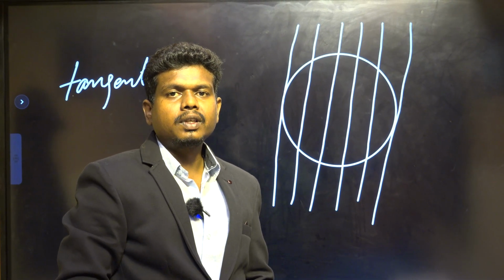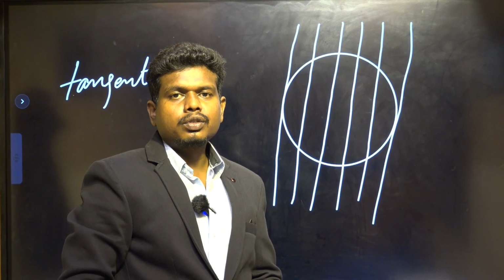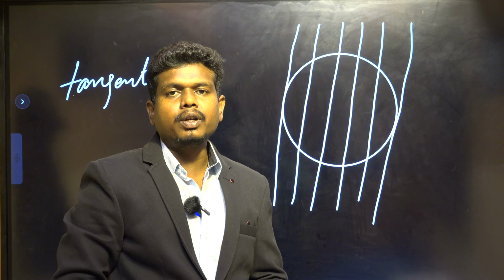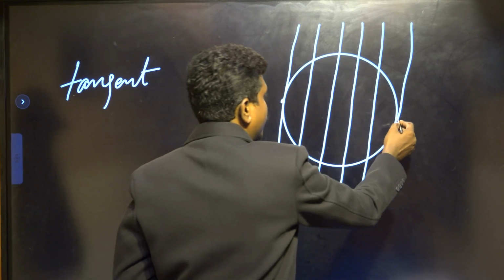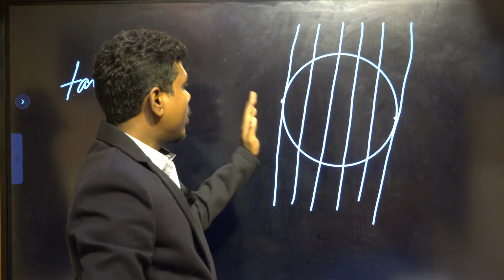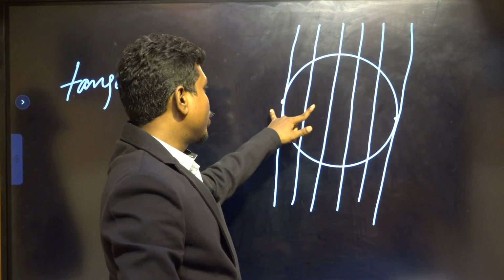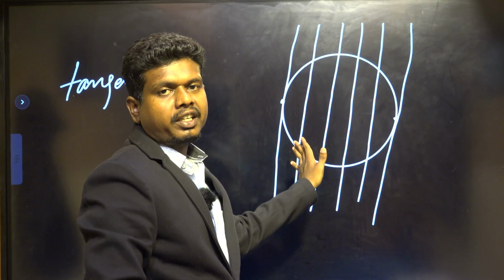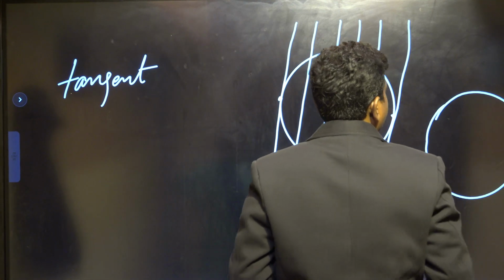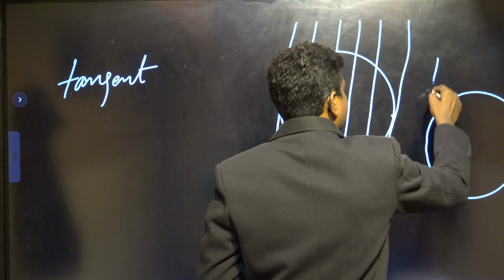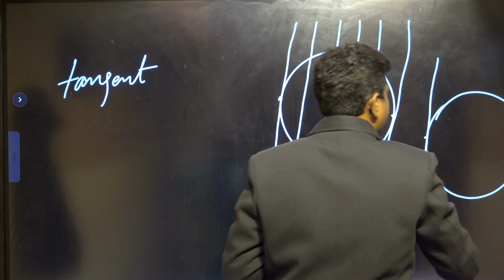Through this diagram, I can conclude that at the most, two parallel tangents can be drawn on a circle. Look here, this is a tangent which touches the circle at this point, and when I draw parallel lines intersecting the circle, I see that there are only two tangents parallel to each other. So you need to understand that a circle can have at the most only two parallel tangents at a moment.